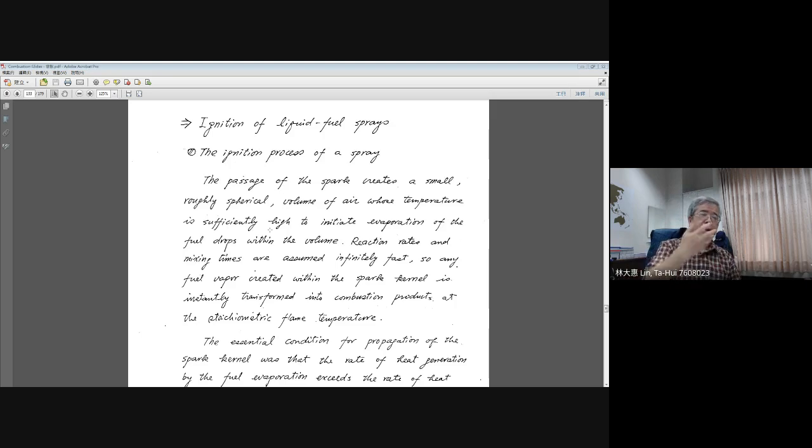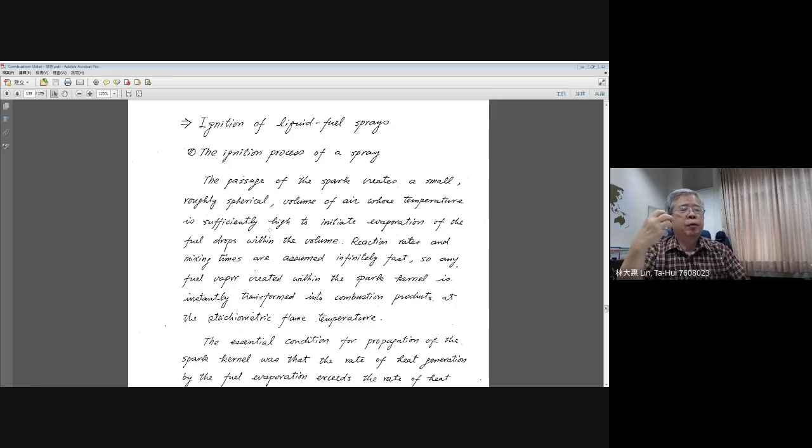The achievement of ignition is based on the competition between the heat release by the chemical reactions and the heat loss through the thermal effect and the turbulent influence. Now, when you think about the ignition for the liquid fuel spray, you need to add additional influence coming from the liquid fuel evaporation.